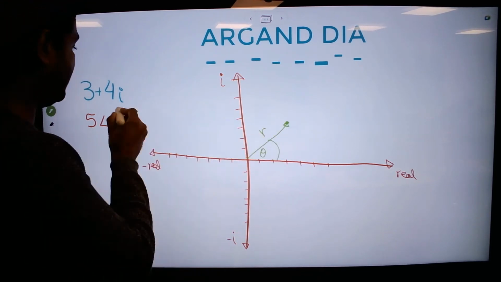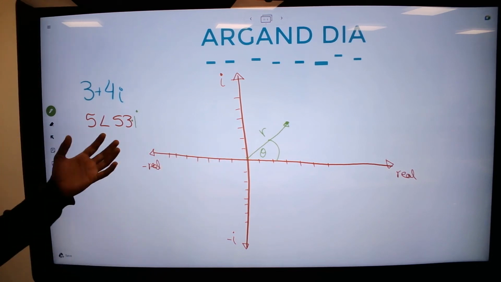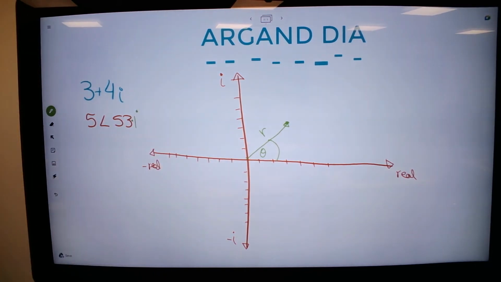So if you do that, exactly the same answer. We can actually plot the complex number on an Argand diagram, and this diagram is called an Argand diagram.